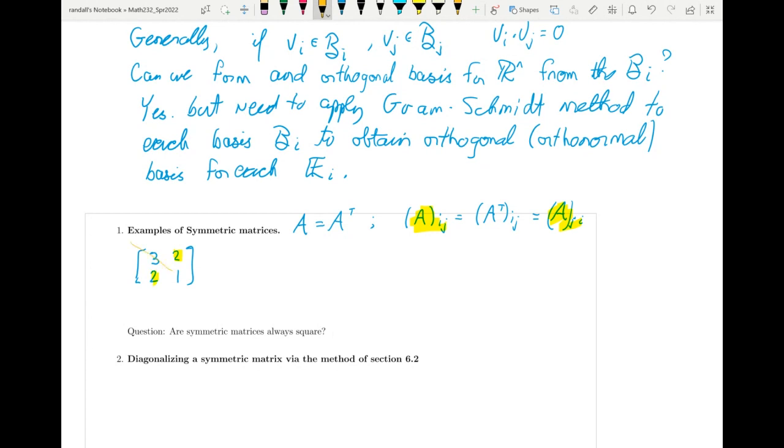So we can see that if I draw a line through the diagonal, the entries reflected across the diagonal, and there are only 2 in this case, are the same. So we reflect across the diagonal. It's very easy to identify symmetric matrices.